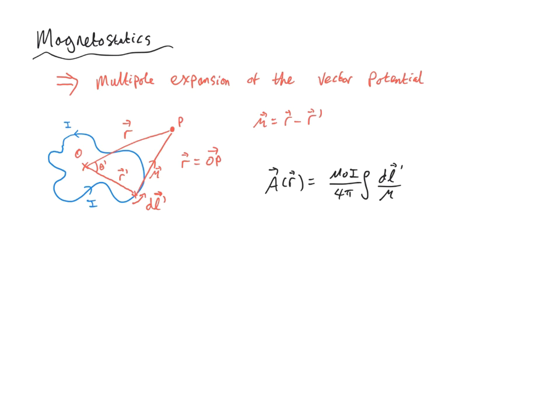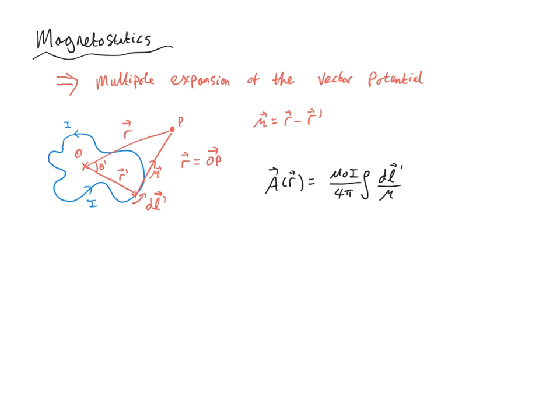And script r is the separation between the source point and the field point. So if we're a long way away from the current loop, then 1 over r squared, 1 over r cubed, 1 over r to the 4, and so on, get progressively smaller, and maybe we can neglect those terms.